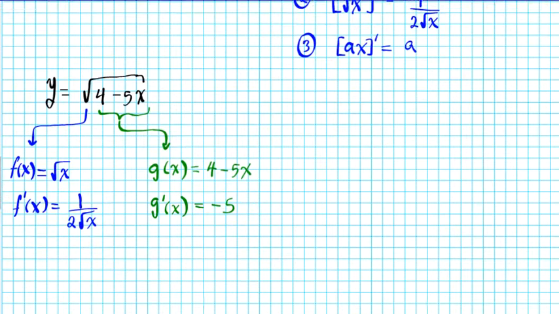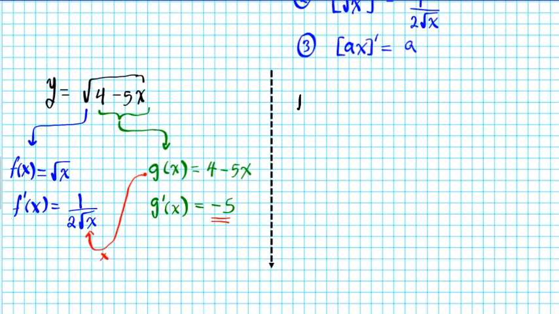Now using your chain rule, this is the derivative of the outer. If we evaluate it at the inner, it simply means we are going to take g of x and plug it into all the x's. And then we're going to multiply that expression by the derivative of the inner. Okay? So let's write down our final answer.